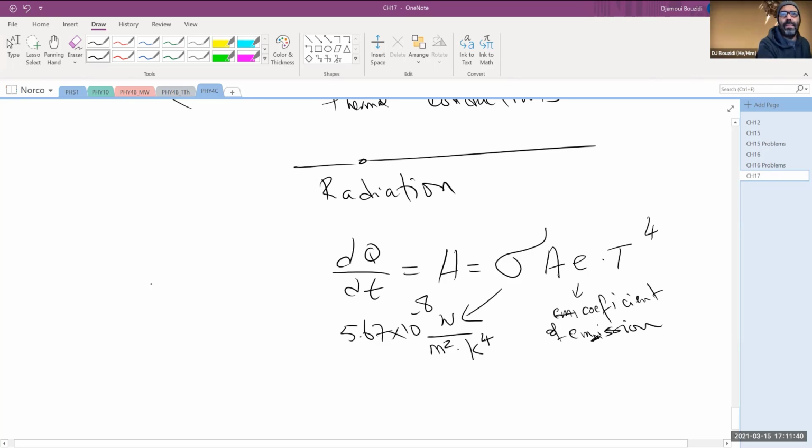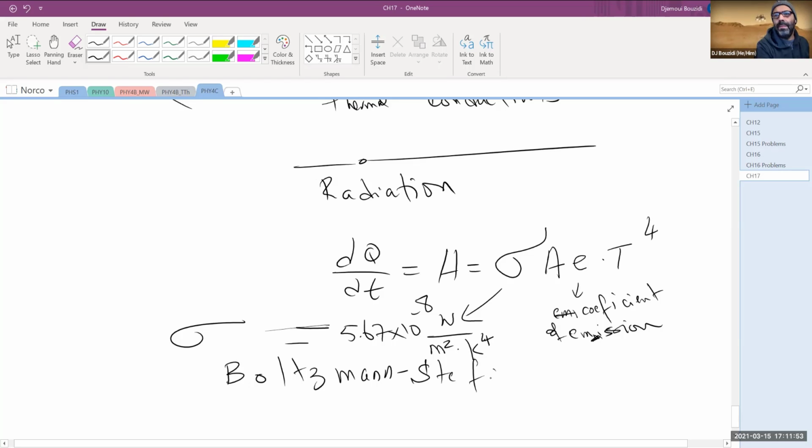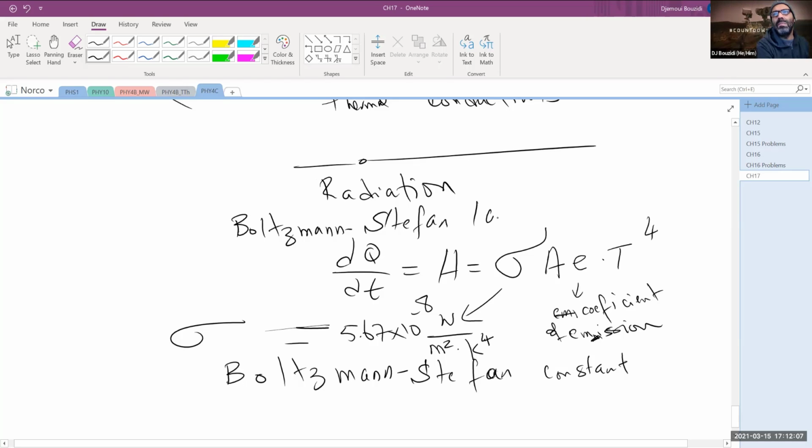Sigma is a constant. It's the Stefan-Boltzmann constant, and this is called the Stefan-Boltzmann law.